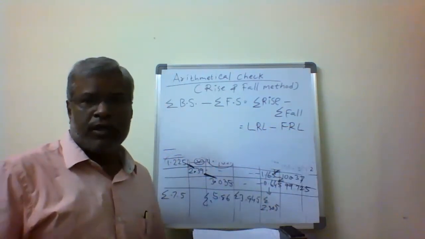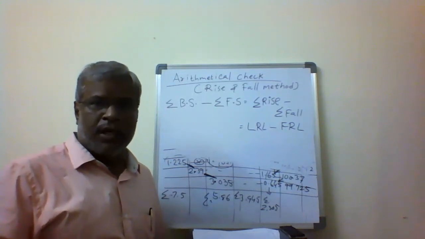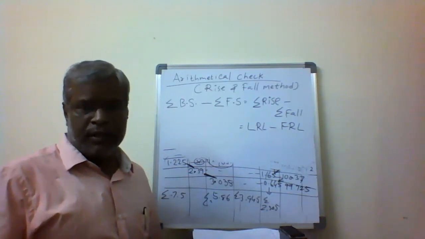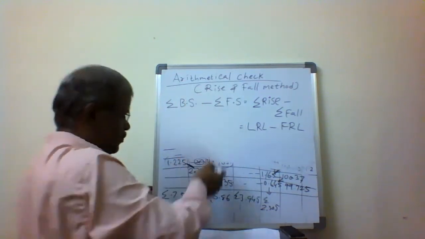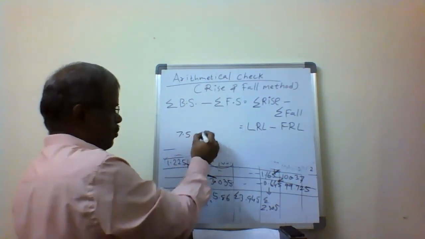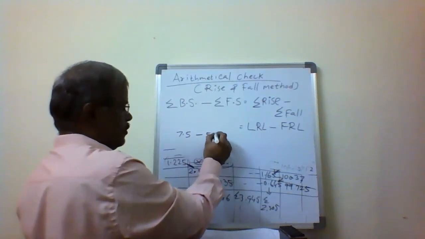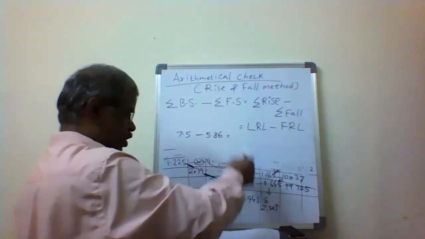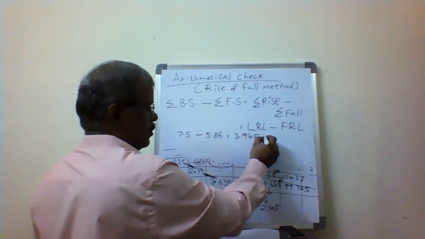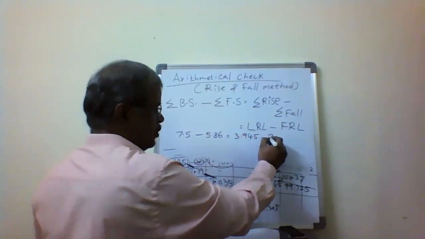This is the equation to check whether the elevations of all the points we calculated are correct or not. Sigma BS we calculated is 7.5, minus FS 5.86. Sigma rise is 3.945. Sigma fall is 2.305.